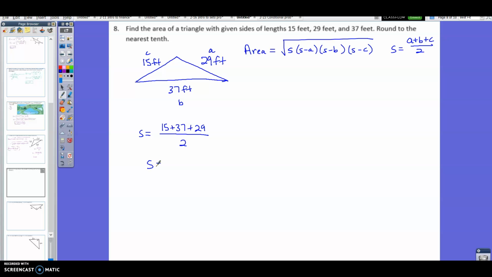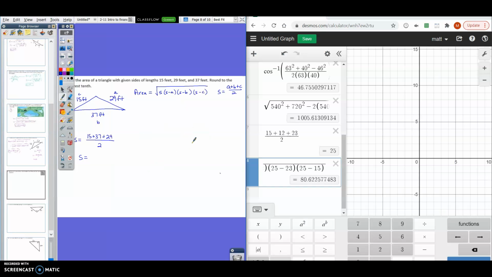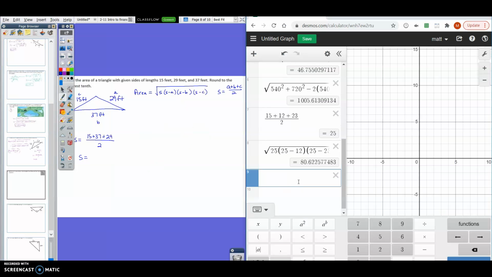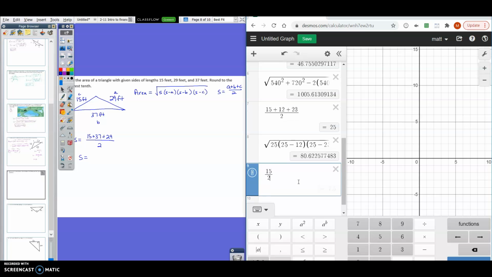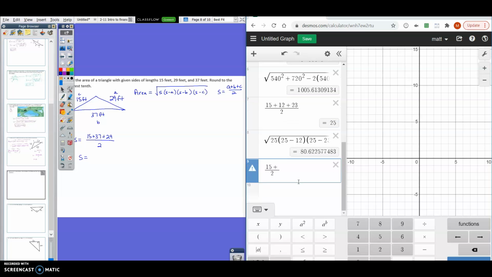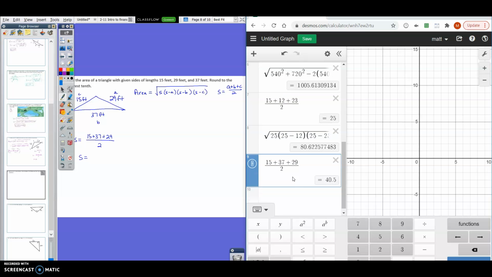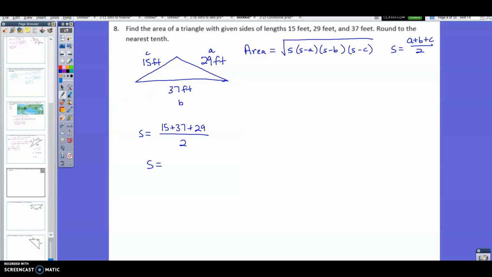So we plug that into the calculator. We get 40.5. So that is our semi-perimeter for S.